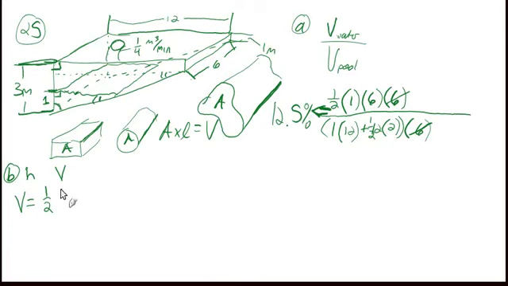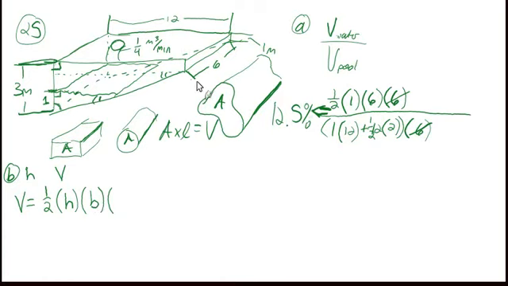We want to basically leave it all variables. We want to leave the specific measures until we have taken the derivative. So the volume is equal to the area of this thing, 1/2 base times height, times the depth.